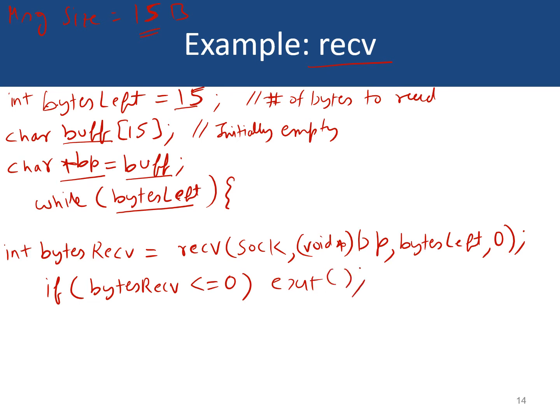You can also print an error message. However, if there is no error, then we have received some bytes. So we should now update the number of bytes that are left to be received after this iteration. And so we do bytes left is equal to bytes left minus bytes received.